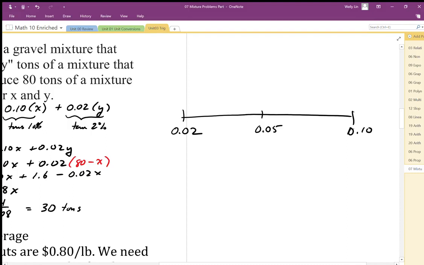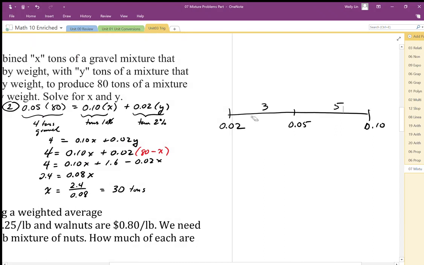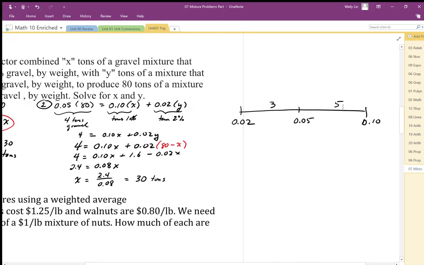So these are my percentages, and I can break this into 3 parts and 5 parts. And notice that when I do this kind of spacing, the 30 tons and 50 tons are actually connected to this. I needed more of the 2%, so I use 50, so notice that I'm just using the opposite.